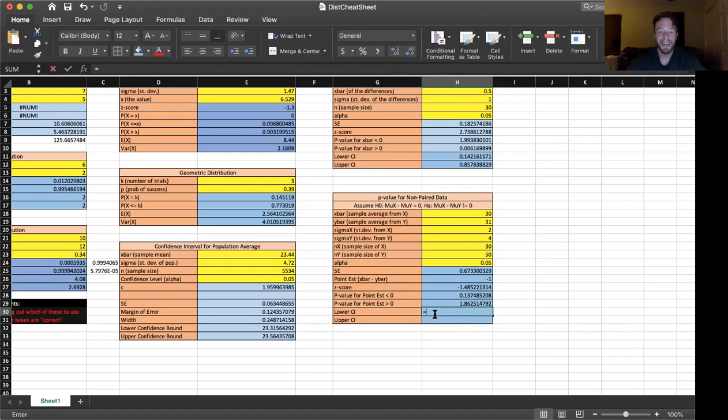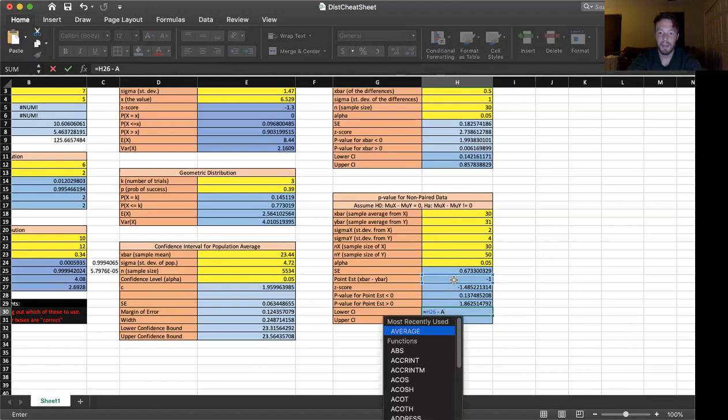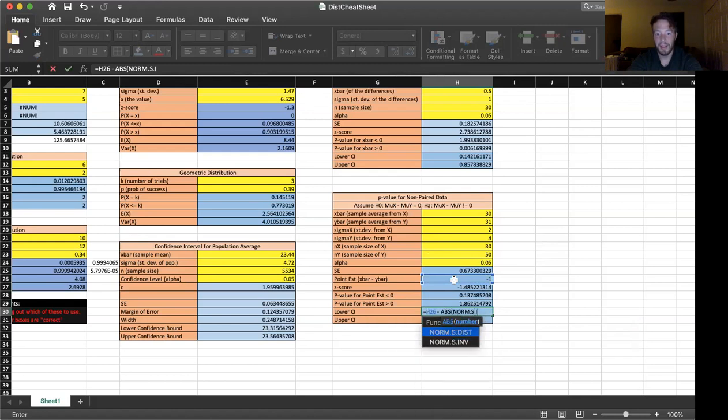Okay. And again, let's make sure I don't make a mistake with these confidence intervals like I did last time. So we're going to take the point estimate, and I'm going to plus or minus that c value times the standard error. So in the lower case, I'm going to subtract; the c value is the same thing as last time. It's the absolute value of norm.s.inverse of alpha over 2.